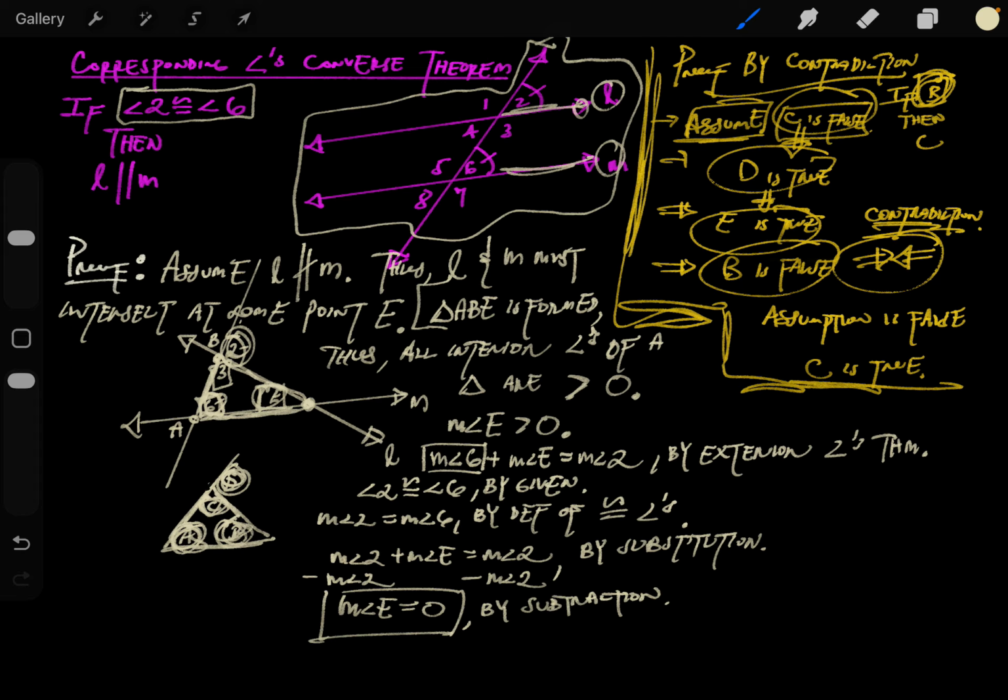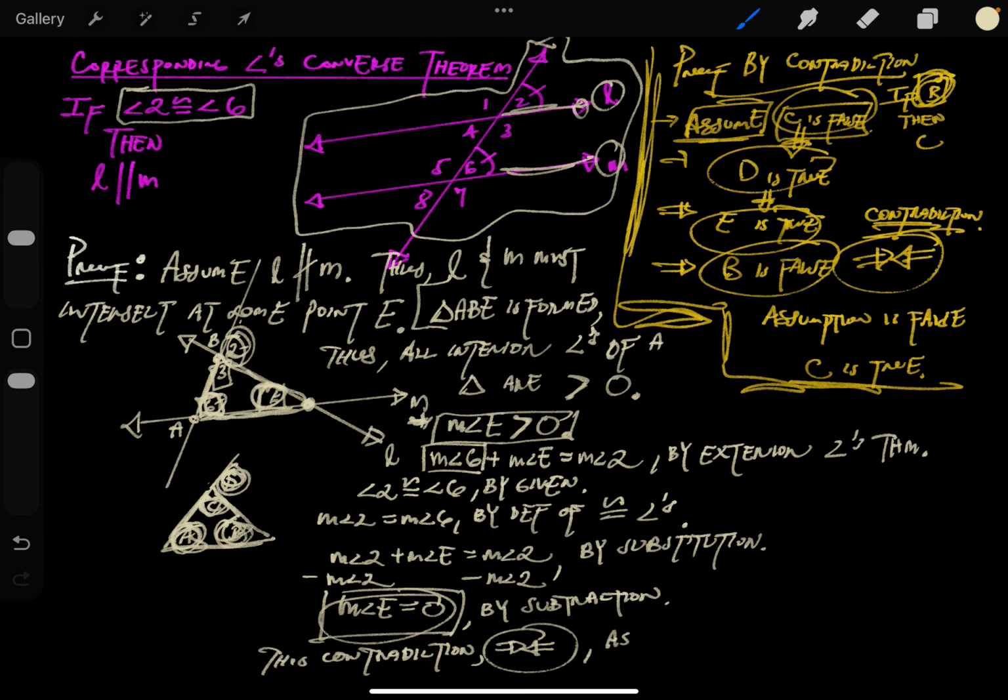So we just said that because E is an interior angle in this triangle, E must be greater than 0, but here we're showing that E is 0. This is a contradiction. And you need to write this. These two together, this here and this here, is a contradiction.